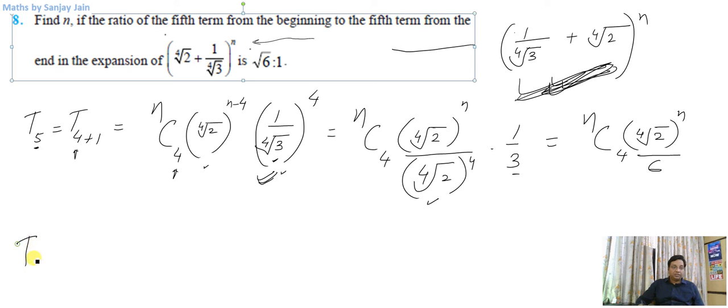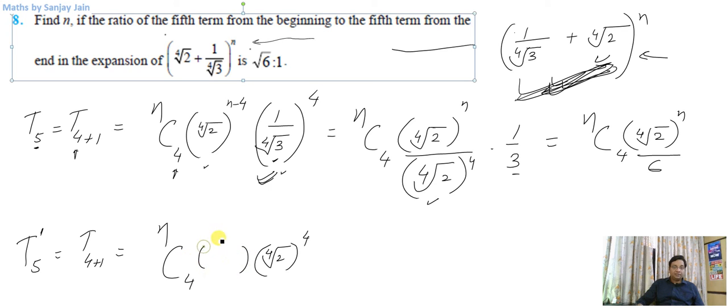So the fifth term from the beginning of this expression will be t4 plus 1. Just to remind you that r is going to be 4. So nC4. Now I'll raise this to the fourth power. So the fourth root of 2 raised to the fourth power, and this term will be raised to the power n minus 4.